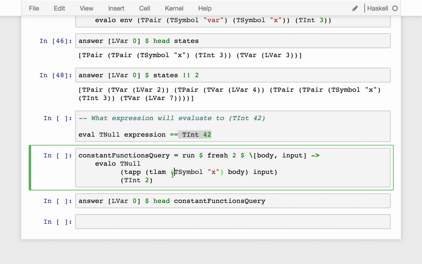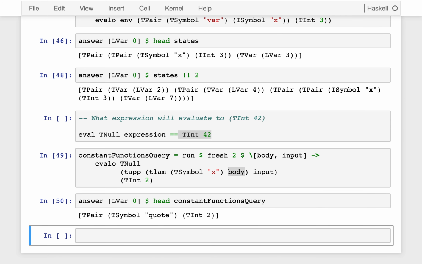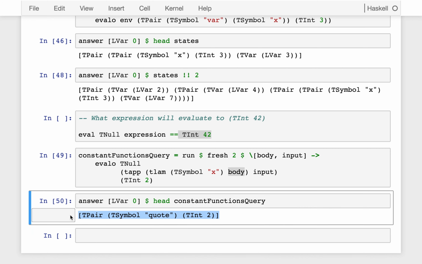And what we really care about is the body here, and this is our body. And having this quote here is completely fine. You should actually have the quote here, just so that the interpreter knows not to try to further evaluate this value.